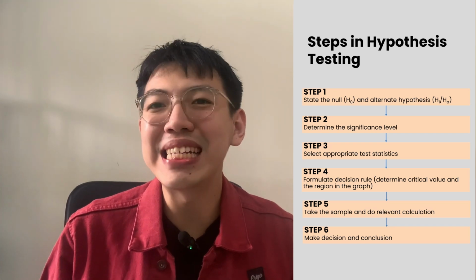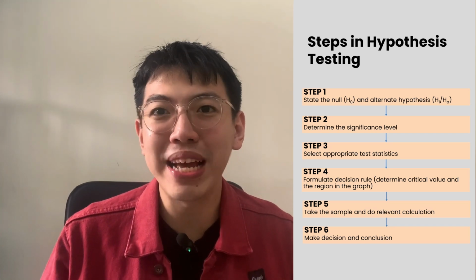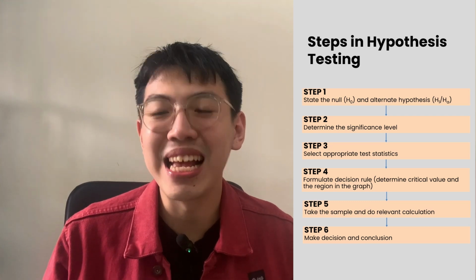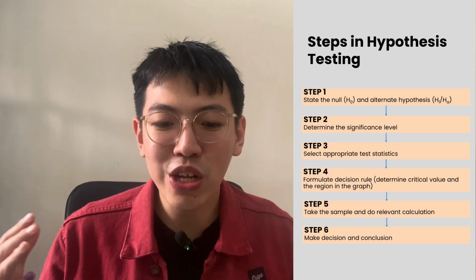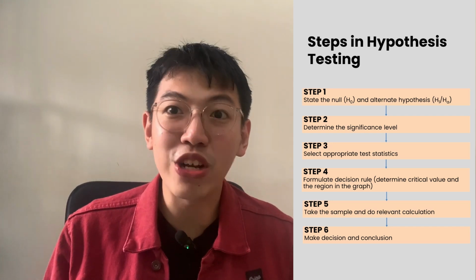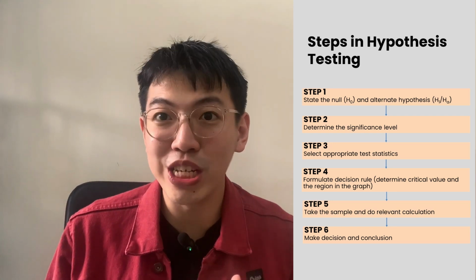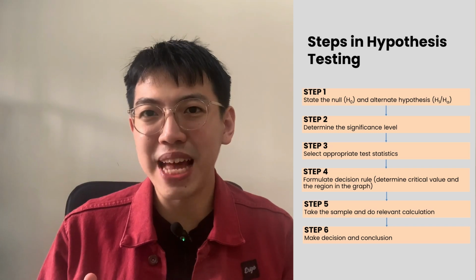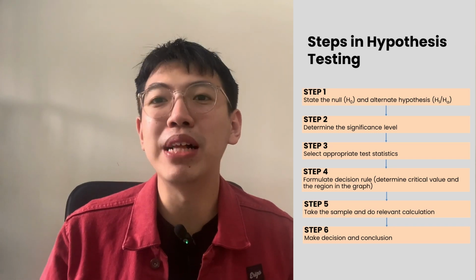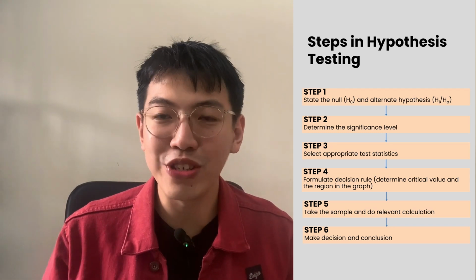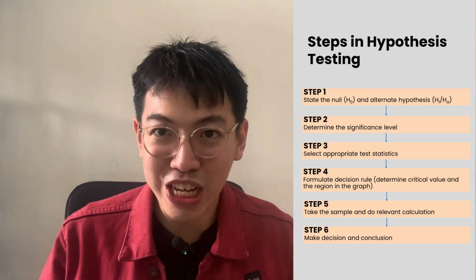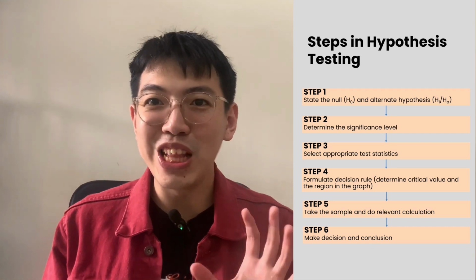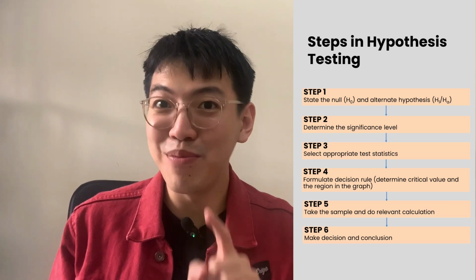The third one is select the appropriate test statistics. The fourth step will be formulating decision rule. We need to determine the critical value and the region in the graph. The fifth step is we take the sample and do relevant calculation, and the last step will be making decision and conclusion.